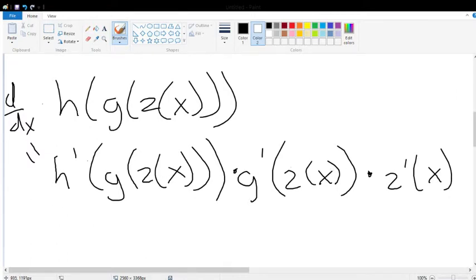And this is why it's called a chain rule. It can even get longer. You can put in more functions as long as they're compositions of each other, and you just keep taking the derivative of the outside function, evaluate it at the interior function, then go on to the next layer, and keep going all the way until you get to the very middle.